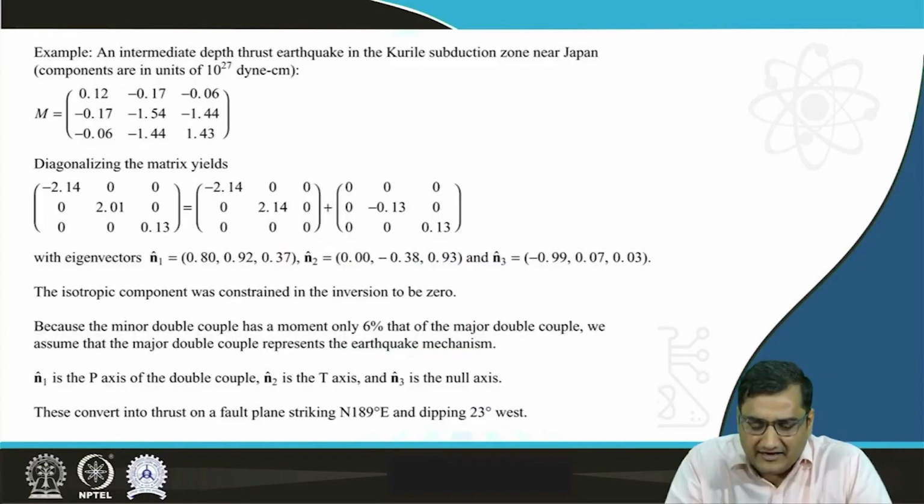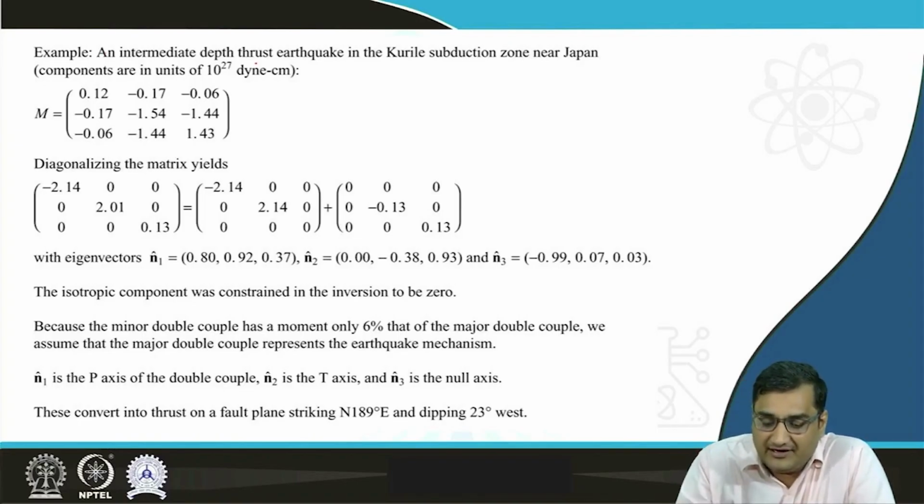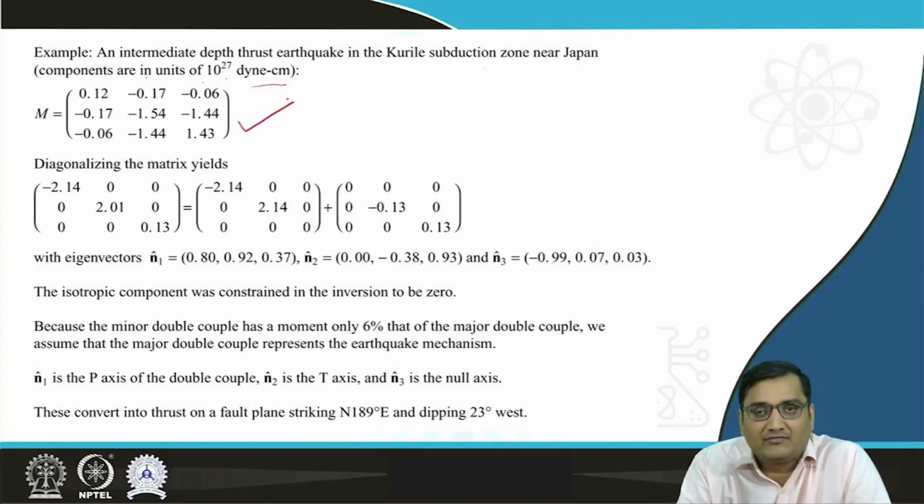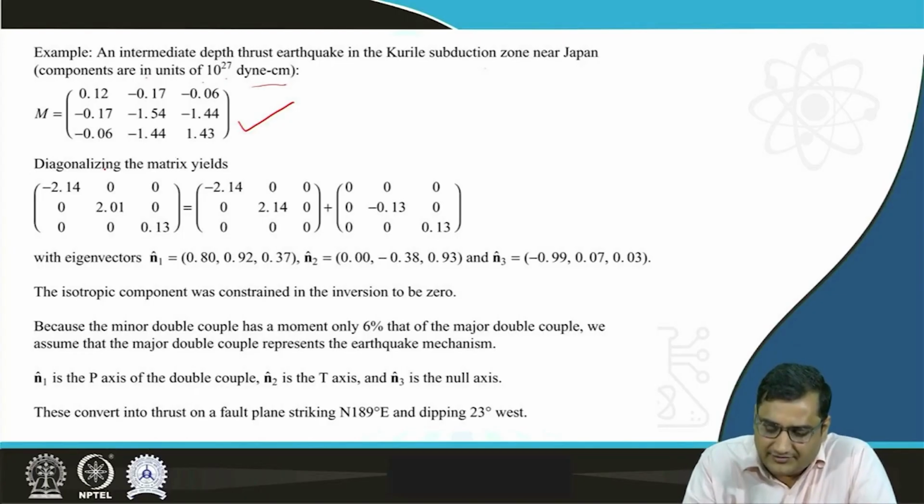This is an example which is taken from the Stein and Wysession book: an intermediate depth thrust earthquake in the Kuril subduction zone near Japan. Components are in units of 10 to the power 27 dyne centimeter. The moment tensor originally looks something like this for this earthquake. When we diagonalize this moment tensor in the principal coordinate system, it may look something like this.